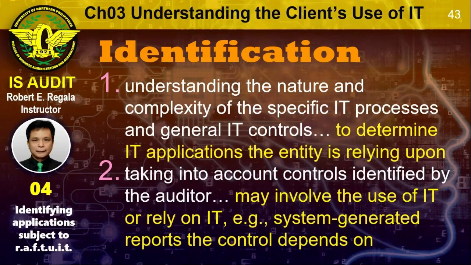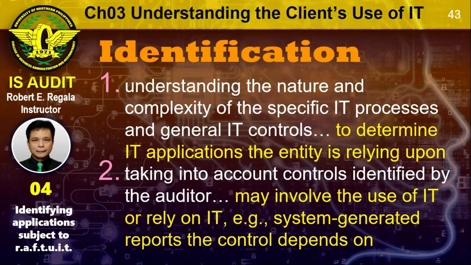The auditor may focus on whether an IT application includes automated controls that management is relying on and that the auditor has identified, including controls that address risks for which substantive procedures alone do not provide sufficient appropriate audit evidence.